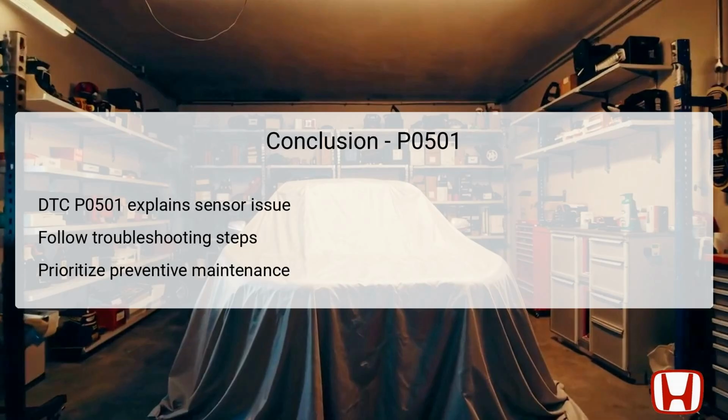This approach ensures that the transmission operates smoothly, allows for efficient power delivery, and enhances the lifespan of the Honda Accord's components. Ultimately, maintaining a checklist for both diagnostics and preventive maintenance significantly aids in achieving optimal vehicle health.